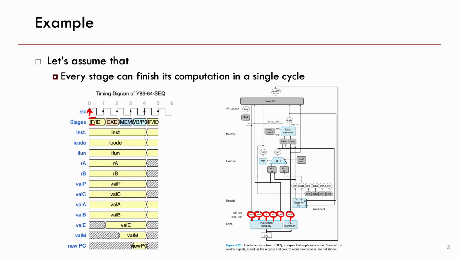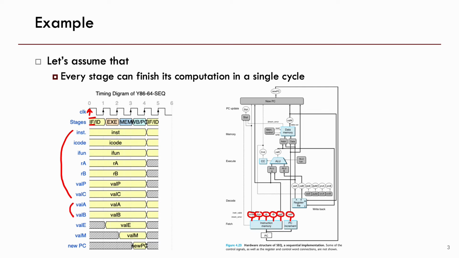But before we go to the next stage, as you can see here, all the values from the fetch stage are available in cycle 0, and then they will be used in the next stage.